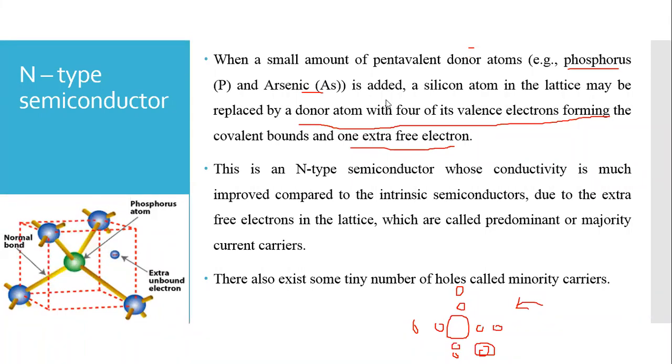Only N type is on the screen. I can't understand, the screen is not changing from my side. What is this? Only N type is on the screen means? Hello, sir. Yes, that means what you are teaching and what's on the screen is different. The screen is showing N-type semiconductor. Only one PPT is open, and that is this one.